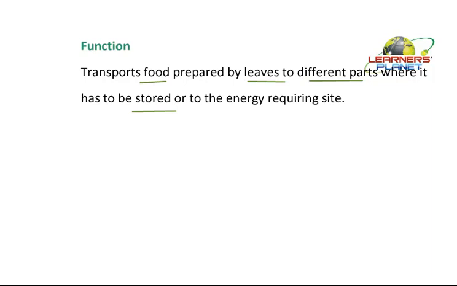Then from there, they will be transported to the energy requiring site, or to the site of growth, as the food can provide energy as well as raw material for the maintenance of the existing part as well as growth of the new parts. That means they can support cell division by providing these raw materials. So this is all about the phloem tissue, and with this we are ending the topic complex tissues.